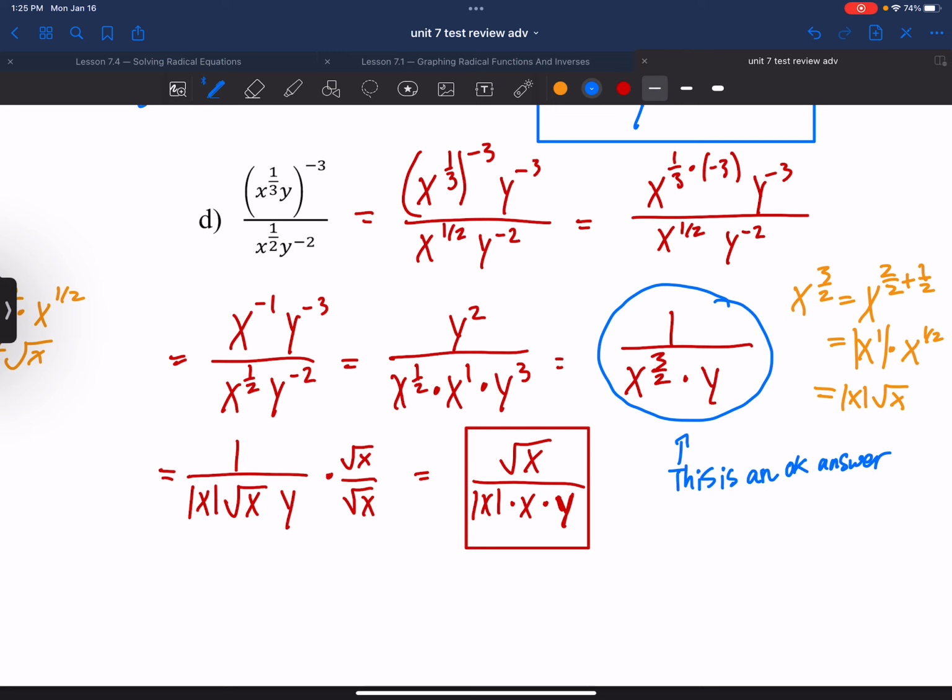What I was thinking inside my head was, could absolute value x times x be x squared? No, you couldn't. Because if x was, say, -2, then you'd have absolute value -2 times -2. That's -4, but -2 squared would be +4, which is not true. So we actually cannot combine those.